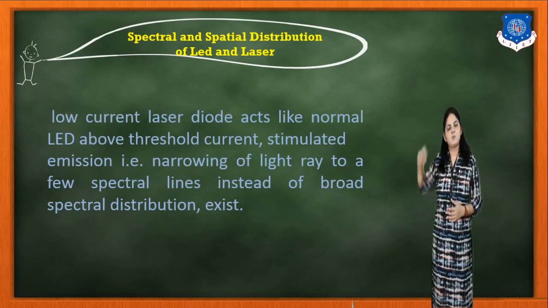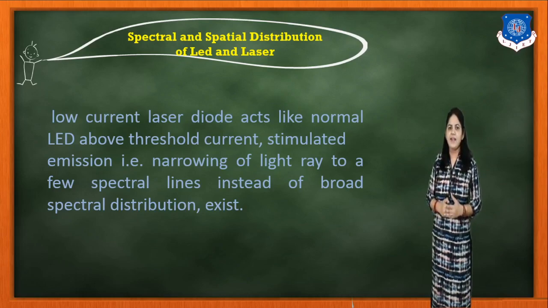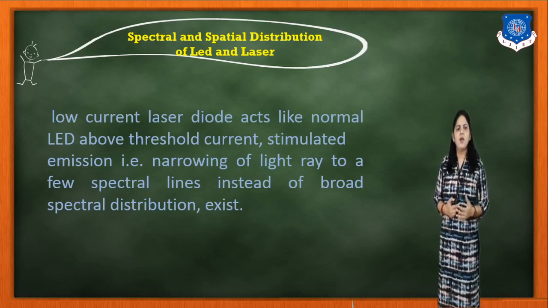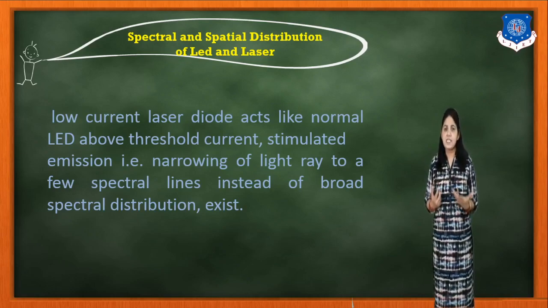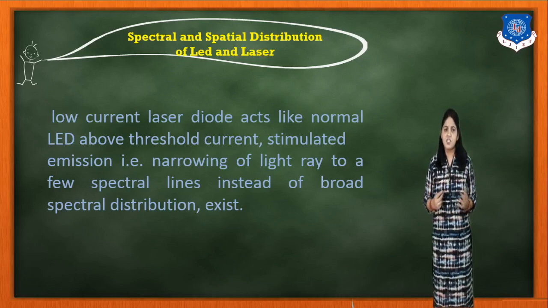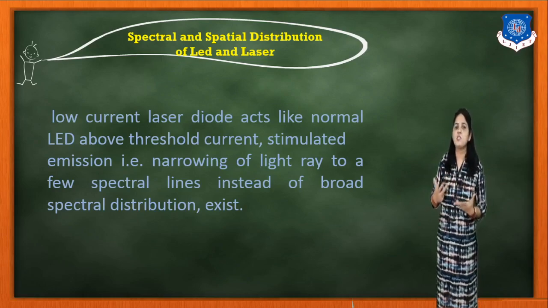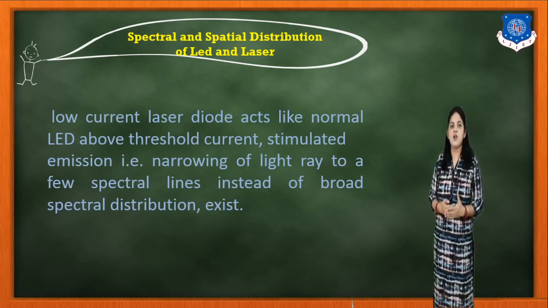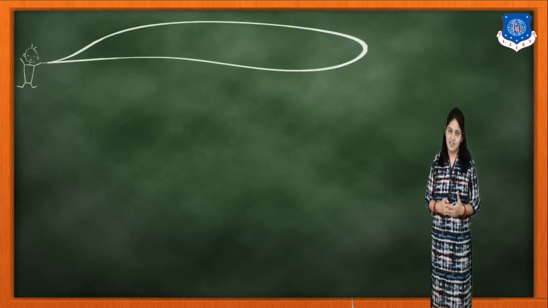So now the spectral and spatial distribution of the LED and the laser. A low current laser diode acts like a normal LED. Above the threshold current, stimulated emission narrows the light to a few spectral lines instead of the broad spectral distribution that exists.